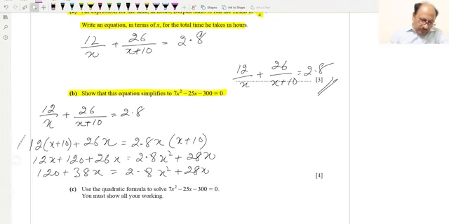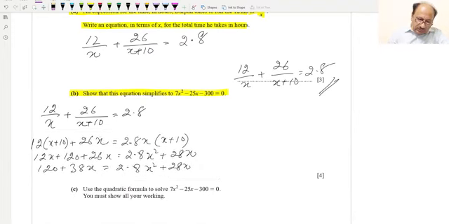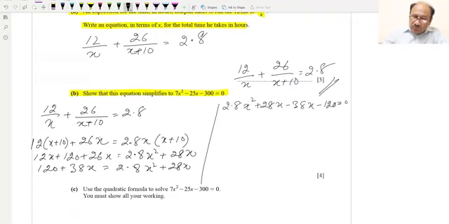Now again I'm just shrinking its size, and we can use this space to shift everything to the other side. So it will be 2.8x squared plus 28x minus 38x minus 120 is equal to 0.